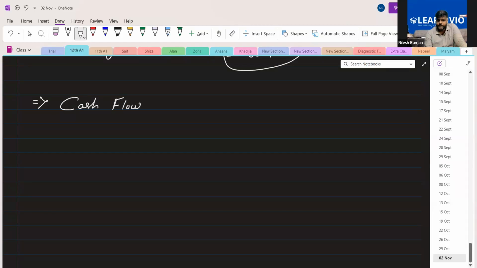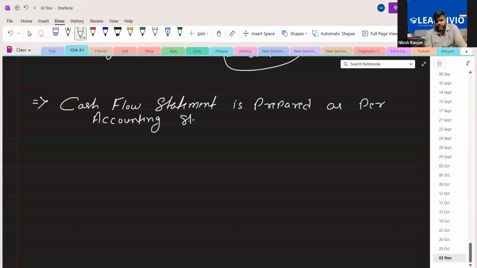So there is one set of rules especially created for cash flow statement, which is called accounting standard 3.